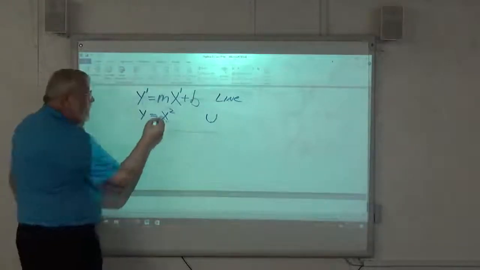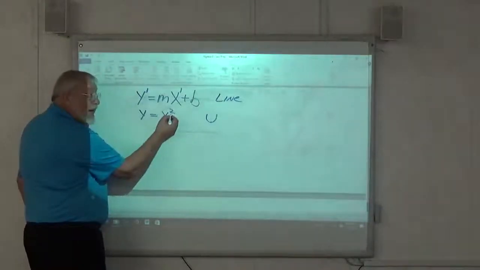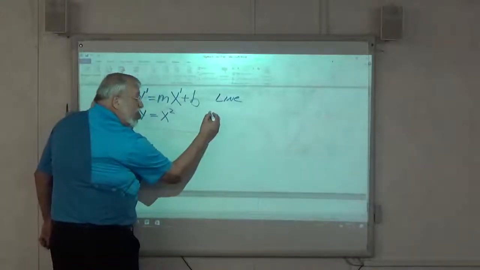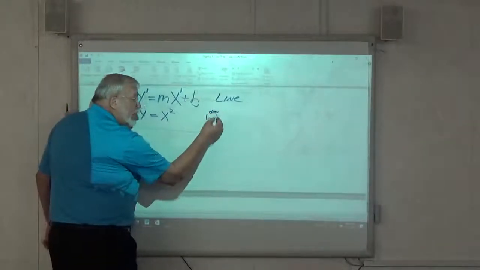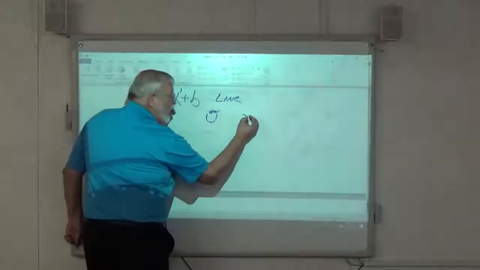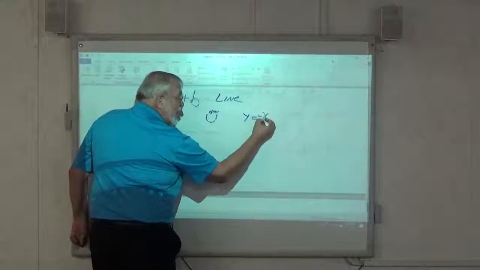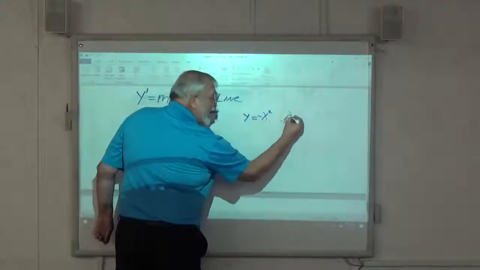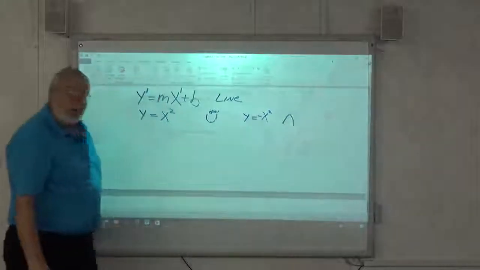Okay, now, when the x is squared, the sign tells me which end the opening is pointing to. So if I gave you y equals negative x squared, then the open end is going to point to the negative, so it's going to open down.